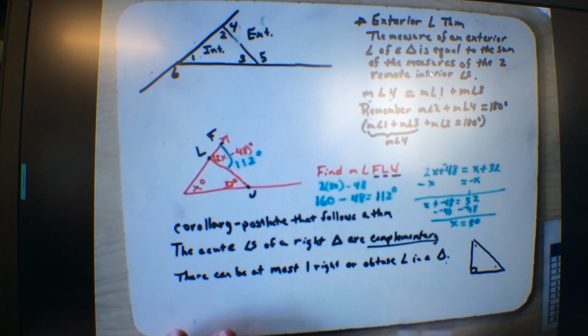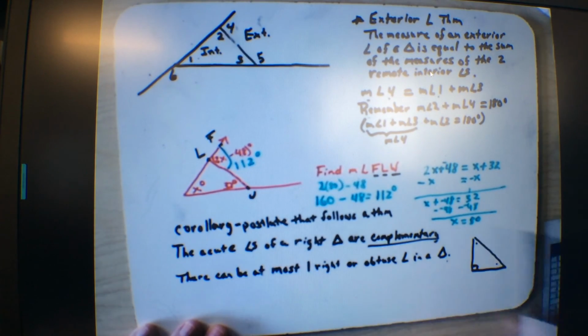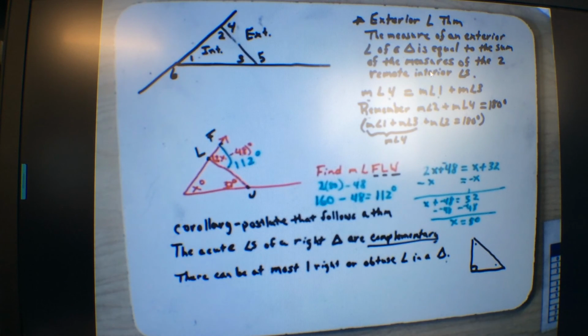You can only have one right angle because if you have two 90-degree angles, you're already at 180, right? That leaves no room for another angle. If you're over 90, obtuse, you can't have another obtuse because then you're over 180 again, and it has to have three angles. So these two corollaries come directly from the triangle angle sum theorem. You got it?